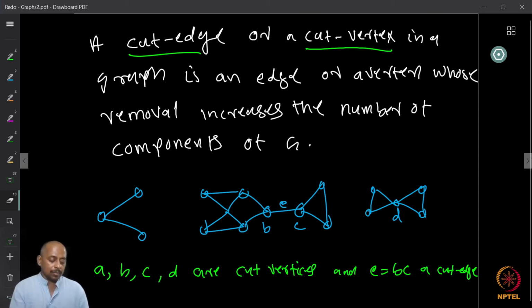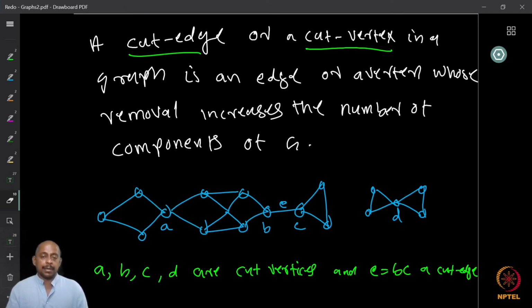I just removed A, and of course it also removed the edges incident to A. Similarly, I can see that B is a cut vertex, C is a cut vertex, and D is also a cut vertex. So this disconnects, and therefore C is a cut vertex. Similarly, D is a cut vertex. So we have several cut vertices.